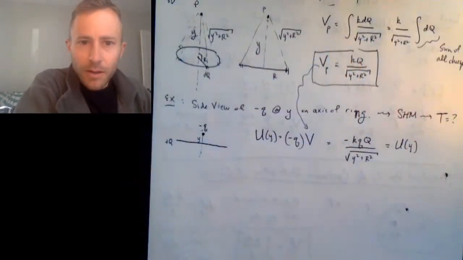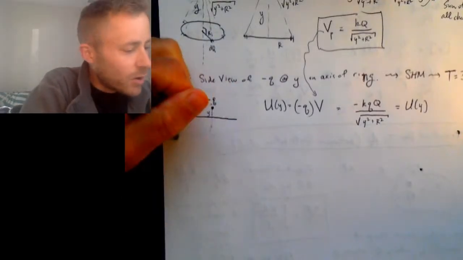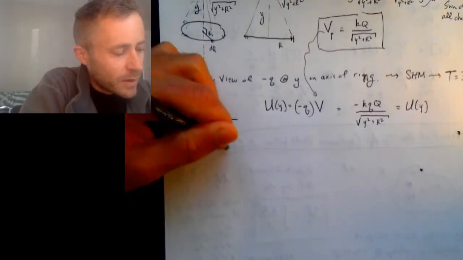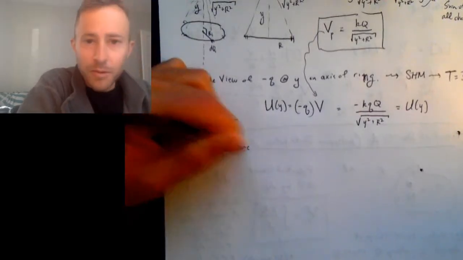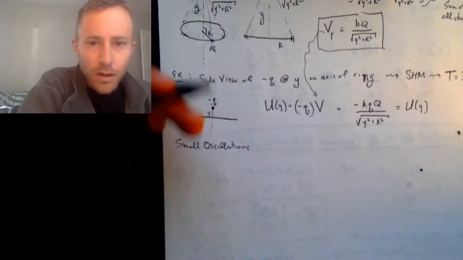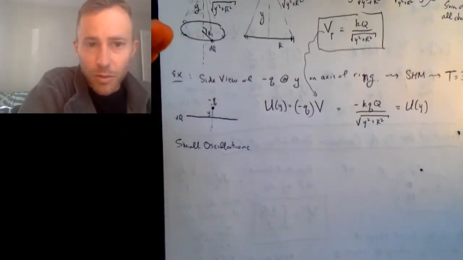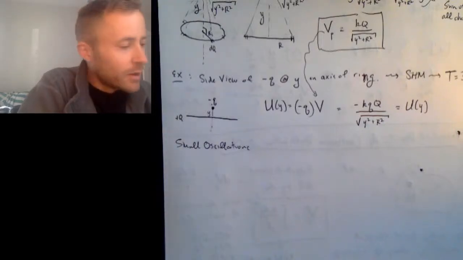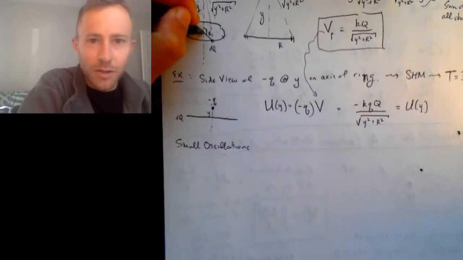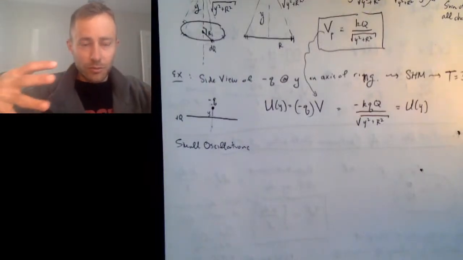Now, if you recall, we talked about small oscillations. And I said that no matter the shape of the potential, if you have an equilibrium point, a particle will undergo simple harmonic motion about that. So the center of the ring is the equilibrium point, right? Because if you put a negative charge right at the center of the ring, it's being pulled equally in all different directions, so it just doesn't move.